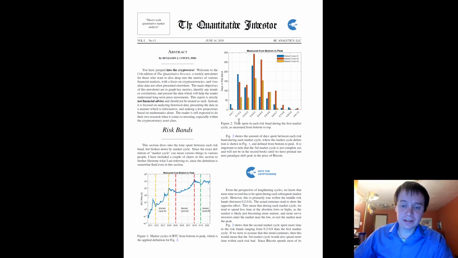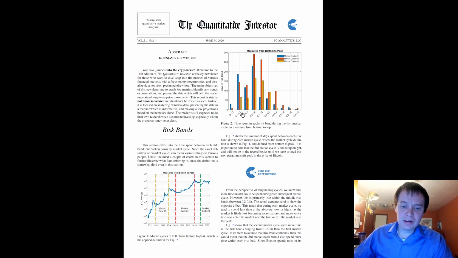So the first thing you notice is that there tends to be a trend in the middle risk bands. So if you look between 0.2 to 0.8, each market cycle, for the most part, and I think it actually is true for most of these market cycles, but you can see, from the 0.2 to 0.3, the first market cycle was shorter than the second. 0.3 to 0.4, the first market cycle was shorter than the second. 0.4 to 0.5, the same thing. 0.5 to 0.6, same thing. 0.6 to 0.7, and then 0.7 to 0.8, same thing.